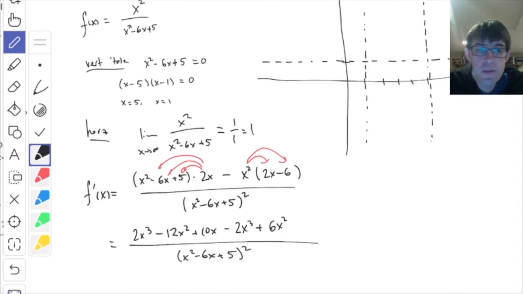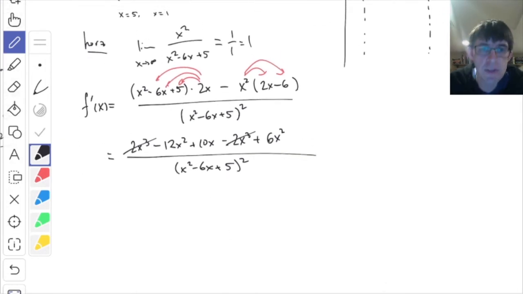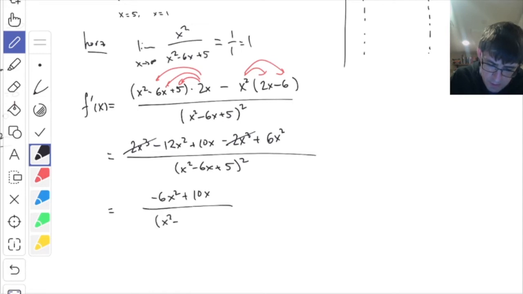And can we do anything to simplify that? We're going to add all that up in the numerator. It looks like 2x cubed and 2x cubed will cancel, right? 2x cubed minus 2x cubed. Those cancel. The rest does not cancel, but it can add together. Negative 12x squared plus 6x squared gives me negative 6x squared and then plus 10x over this business, x squared minus 6x plus 5 squared.